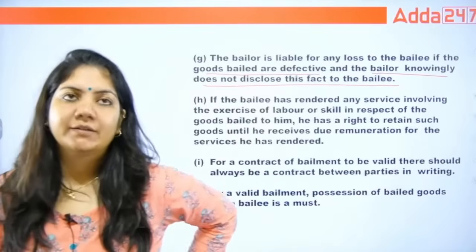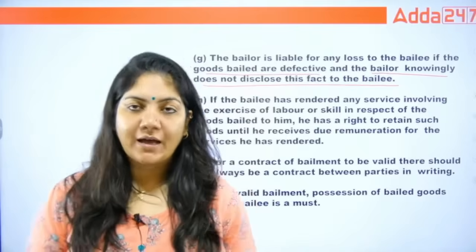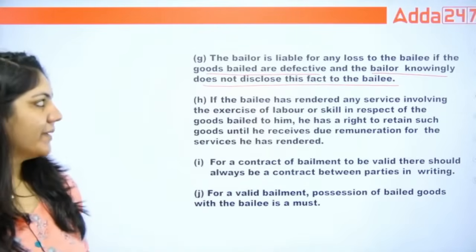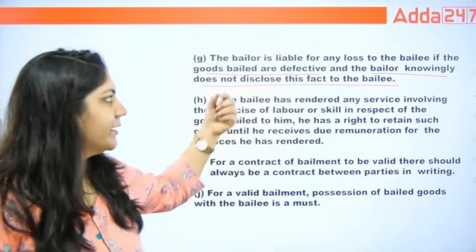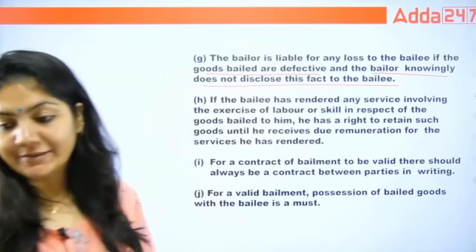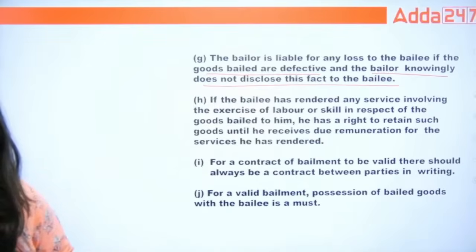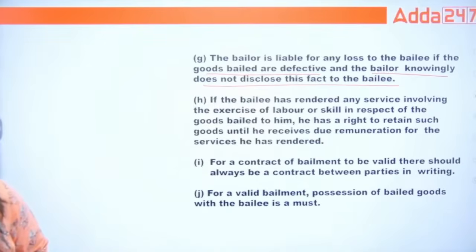As we know, in the duty of the bailor, we have just read that the bailor has to tell the defect of the goods to the bailee. And in that case, the bailor cannot avoid responsibility. So what is the right answer? The bailor is liable. Yes, class, the bailor is liable or not?